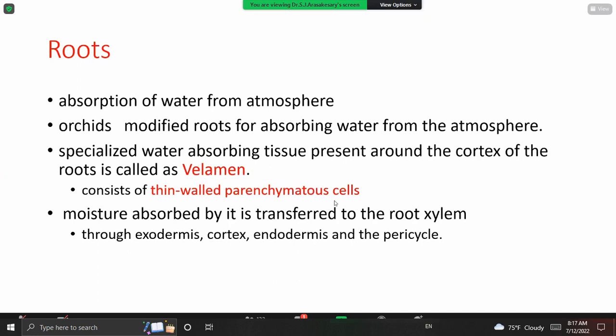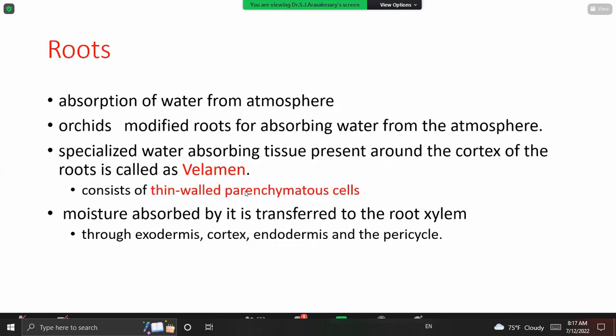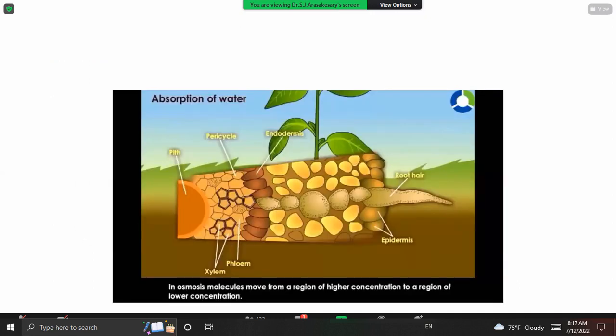When the wall is thin, the permeability is high, therefore water comes inside and can be easily absorbed and transported. So this is the simple picture of how water is entering into the plants.